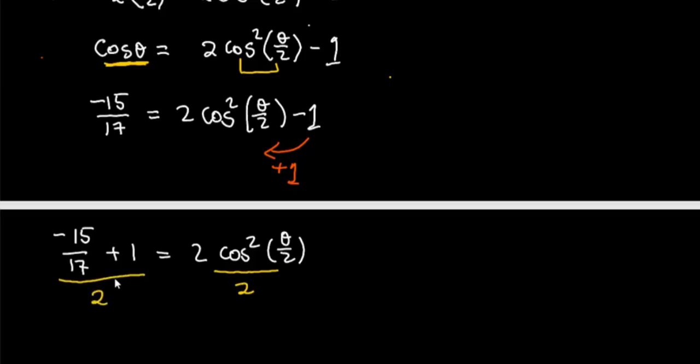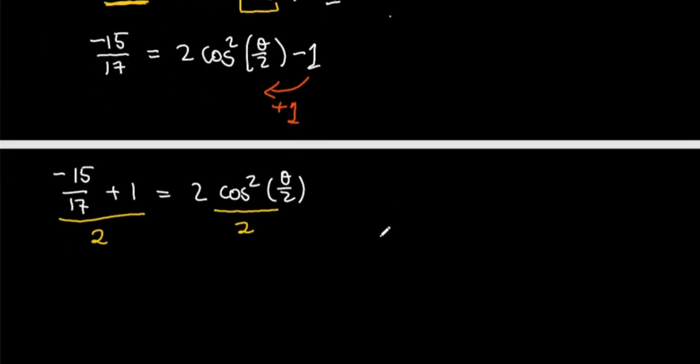If you add the top part, that should give you 2 over 17, right? Therefore, we take the 2 over 17 and divide it by 2. What does this equal? The cos squared of theta over 2. Now we are about to complete our mission.